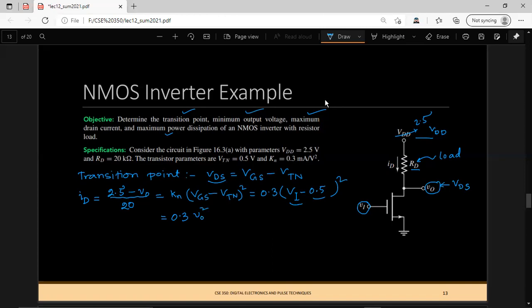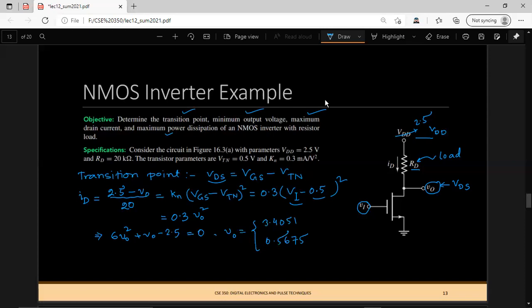Now we can simplify this formula and we will get 6 V0 squared plus V0 minus 2.5 equals 0. Now the solution for V0 would be 3.4051 and 0.5675 volts.